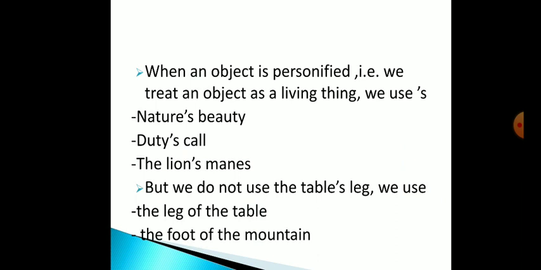First of all, let's see the example. Nature's beauty. Here, nature is a non-living thing, but here we are talking about an object in a personified way, meaning we are treating a non-living thing as a living thing. Because nature surrounds us, and we are talking about nature's beauty like when we are talking about the beauty of a girl, beauty of a woman.